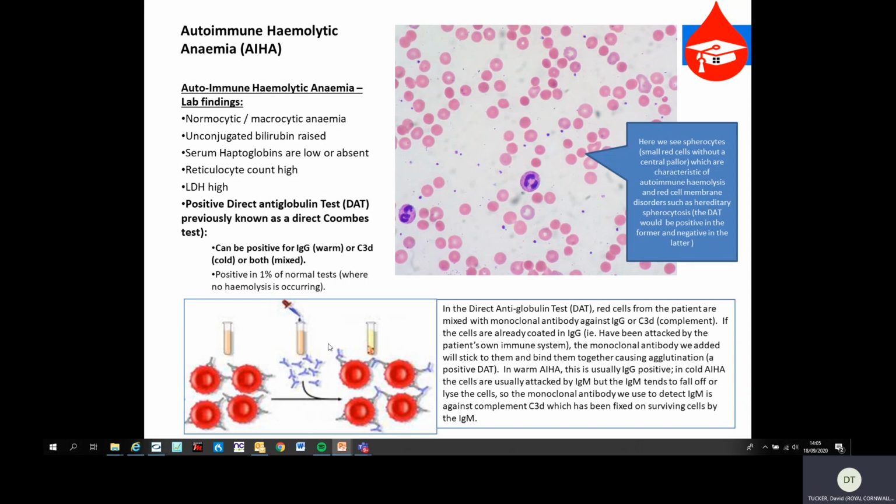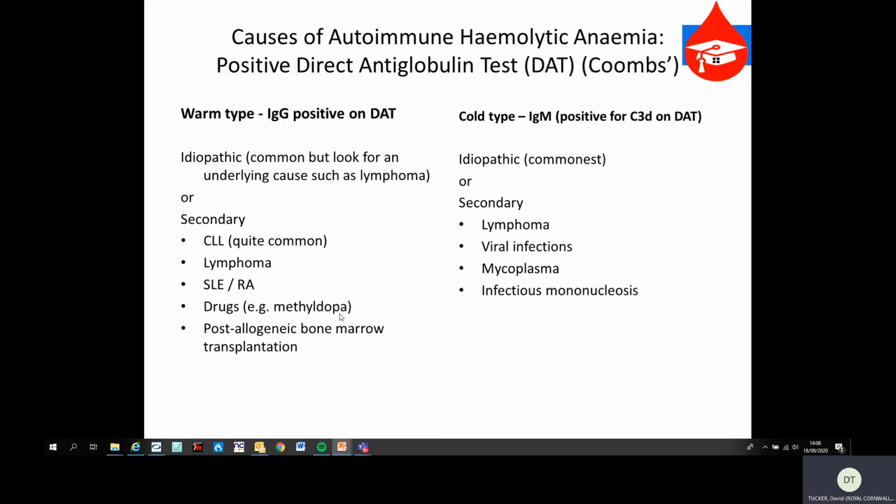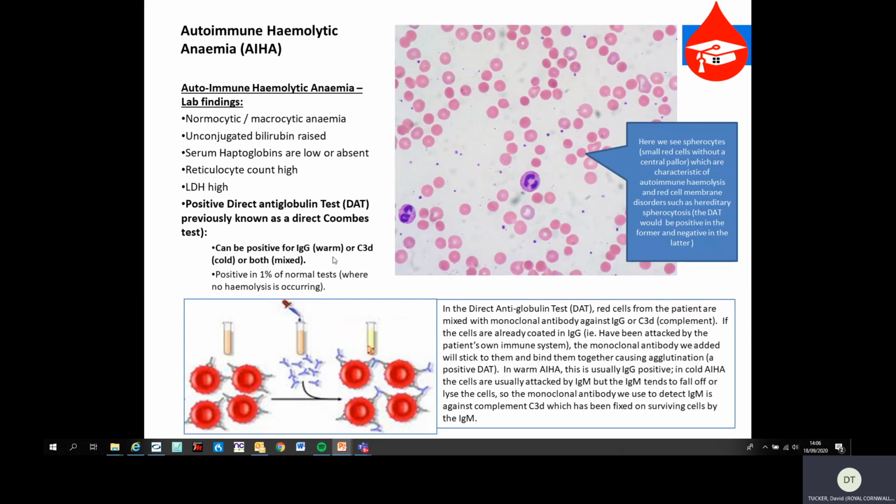And then we can go back and say, well, is this anti-IgG, or is this C3d? And so we can add a specific antibody against IgG and a specific antibody against C3d. And if we get a positive result with one or the other, we know that the patient has IgG or C3d stuck to their cells. That's important because in warm autoimmune hemolytic anemia, it's usually IgG positive.